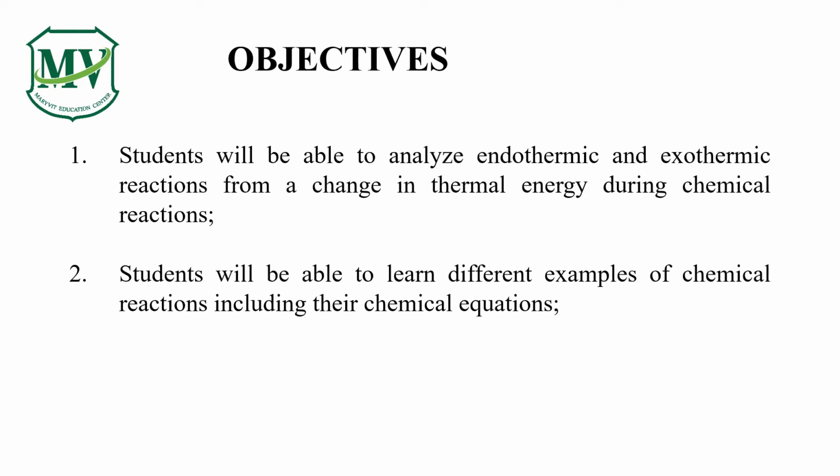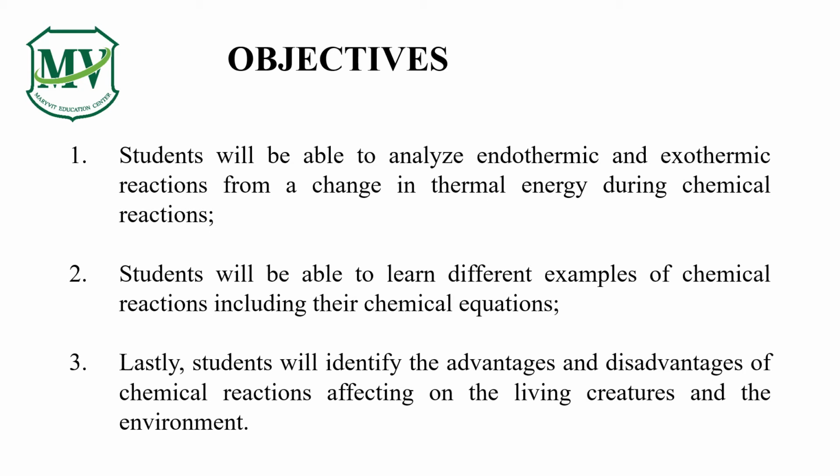Second, students will be able to learn different examples of chemical reactions including their chemical equations. Lastly, students will identify the advantages and disadvantages of chemical reactions affecting the living creatures and the environment.